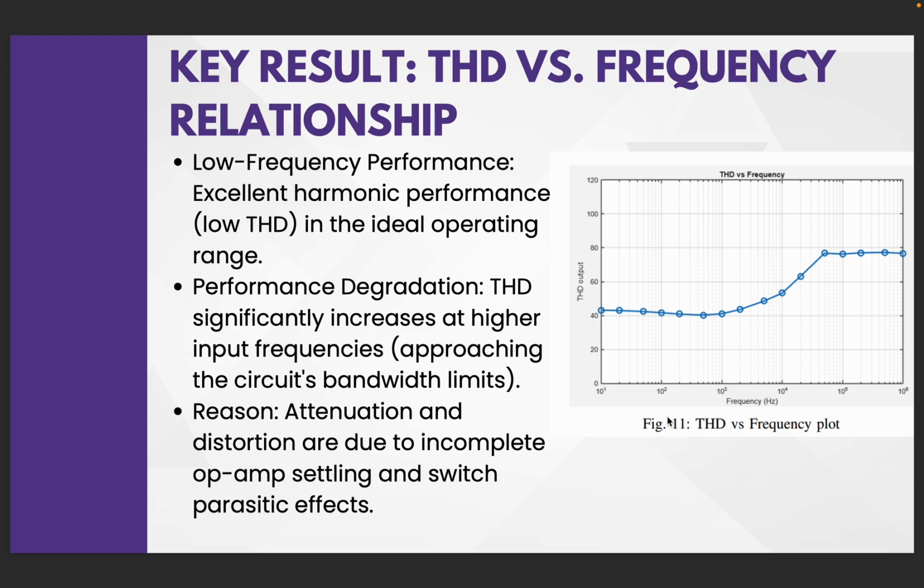However, as the input frequency increases, especially near the circuit's bandwidth limit, we start observing performance degradation. This increase in THD happens because of incomplete op-amp settling and parasitic effects. Overall, this behavior clearly demonstrates that switched capacitor integrators behave as low-pass filters, maintaining signal integrity in the low frequency range. Next slide.